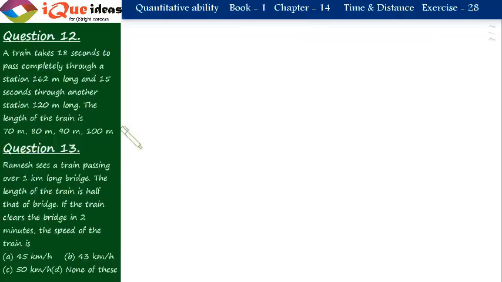Now the next question, question number 12. It says a train takes 18 seconds to pass completely through a station 162 meters long and 15 seconds through another station 120 meters long. In the first case, let's say T1, the time to cross the first station, would be equal to the length of the train plus the length of the first station, L1, divided by the speed of the train.